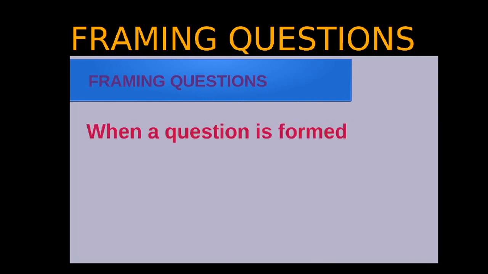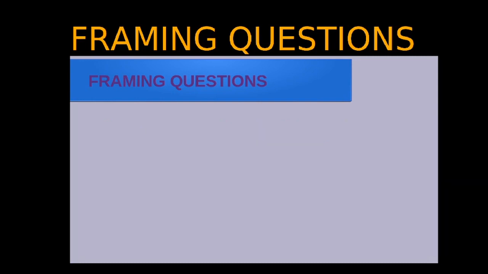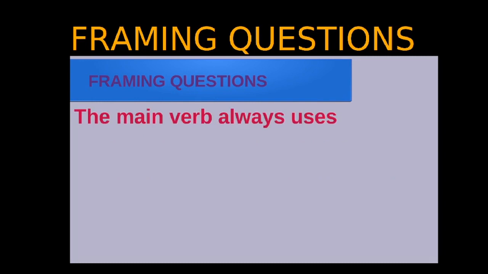So when a question is formed using a helping verb in past tense, that is with did, because do and does use present tense and did uses past tense. When you use did, the main verb always uses the base form.